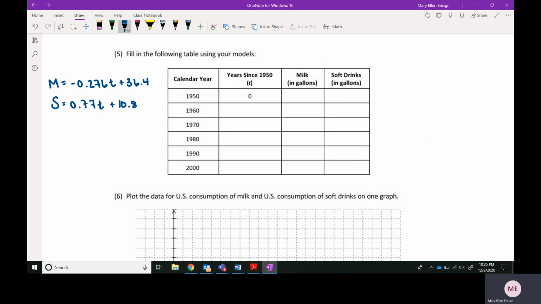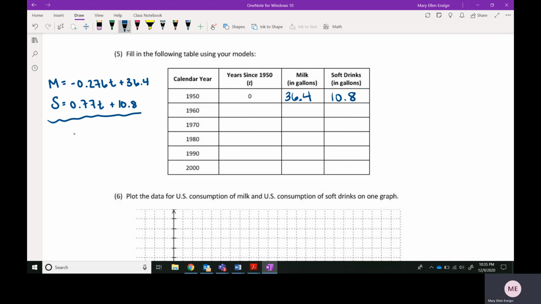Okay, so you're going to go ahead and fill in this table using your models. You're just going to plug in. So for example, when 1950 T is 0, so this whole thing goes away. My milk is 36.4 gallons. Same thing happens here with T equals 0. So this is going to equal 10.8 gallons, which makes sense. In 1950, those were our starting values.